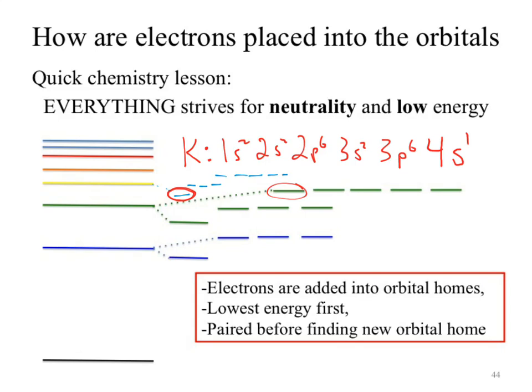From boron over to neon, that section is typically known as the P block, because when we look at our highest energy orbitals, they are the P orbitals. The last 2 rows: S, P, D, F. There's our F orbitals.